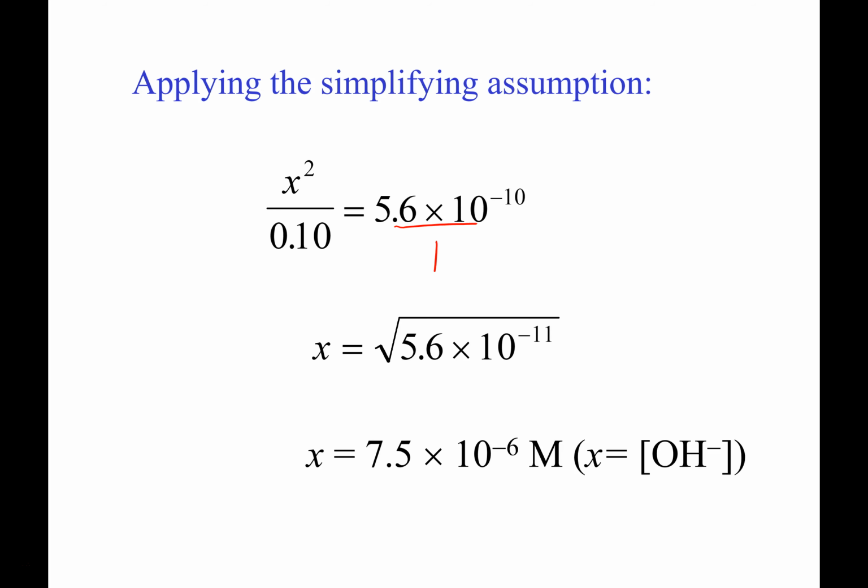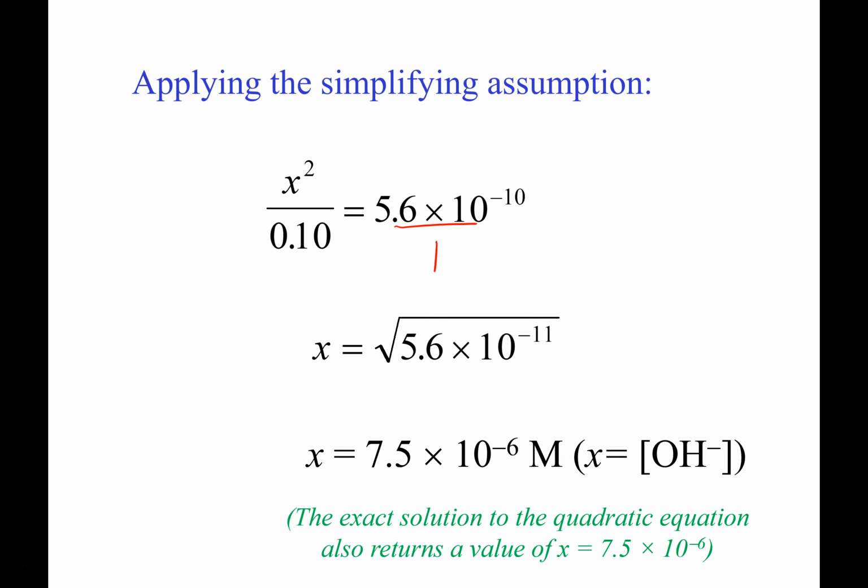You have to identify what's going on to make it not neutral, or will it be neutral? And this is it. So we go ahead, and I think we're supposed to knock out some quantities related to the hydroxide ion concentration. Oh, by the way, there in green it says that if you were to not apply the simplifying assumption, you get the same value for x. So that's kind of nice.